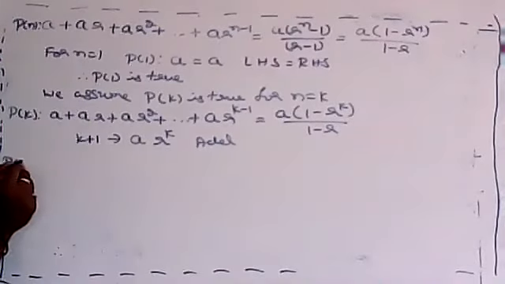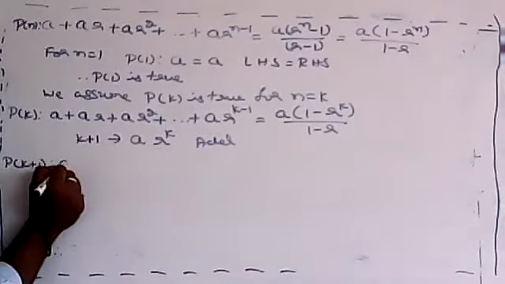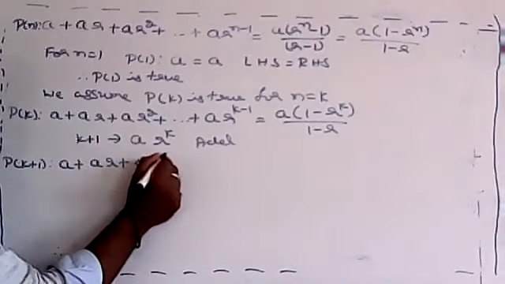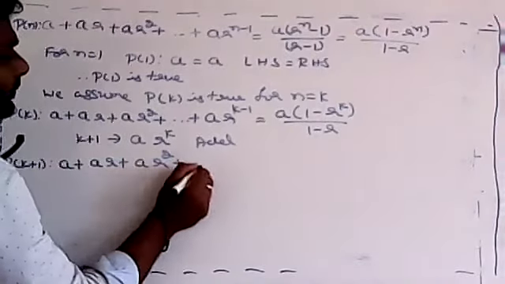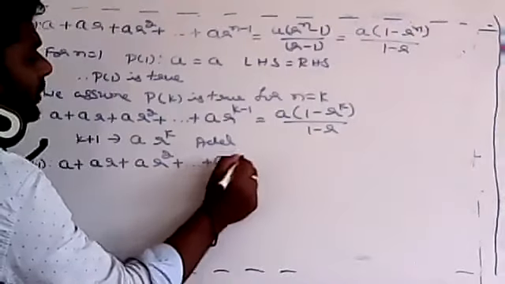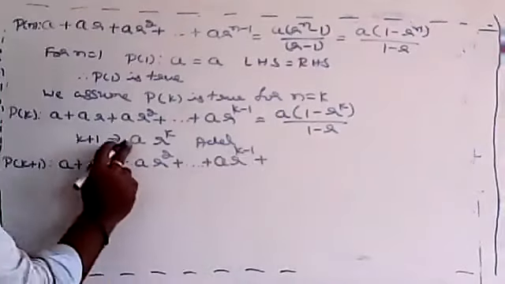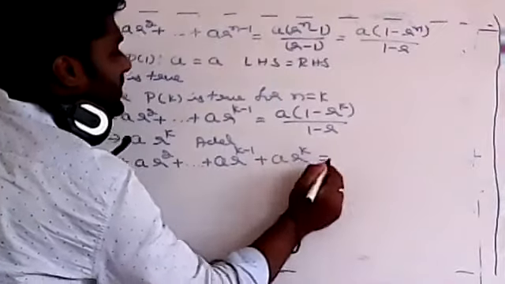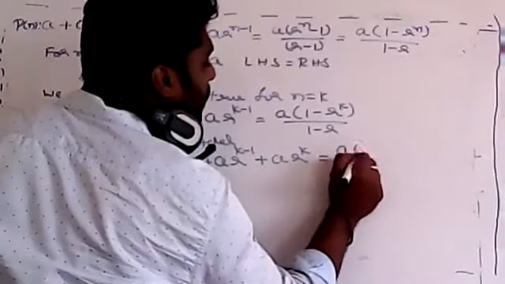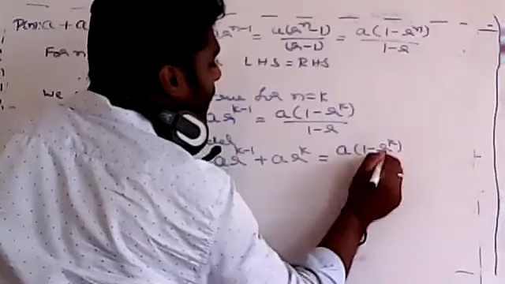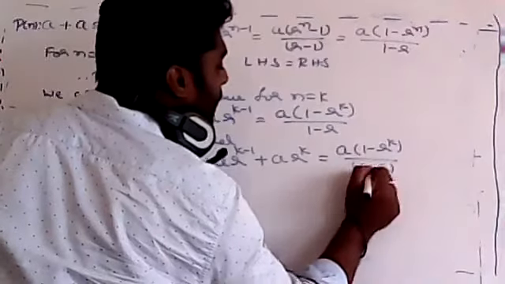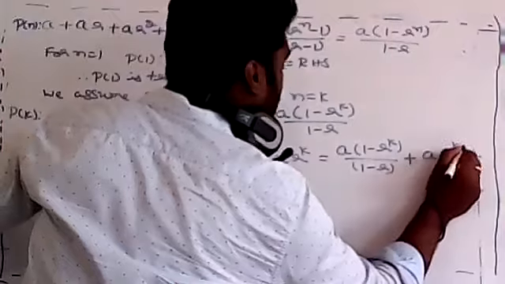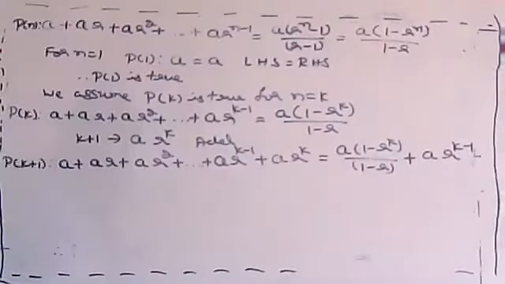P of K plus 1 is A plus A R plus A R square plus up to A R to the power of K minus 1 plus the K plus 1th term, that is A R to the power of K, which is equal to A into 1 minus R to the power of K divided by 1 minus R plus A R to the power of K. Correct?